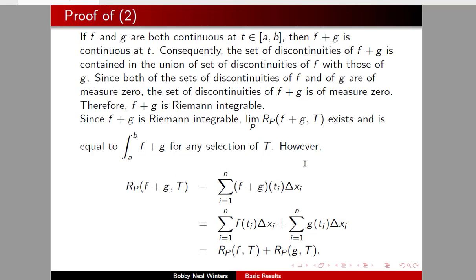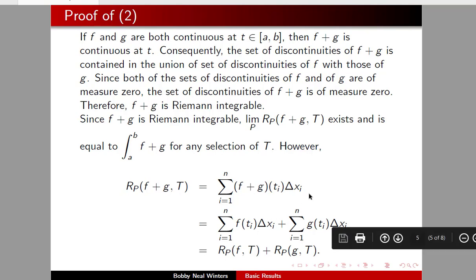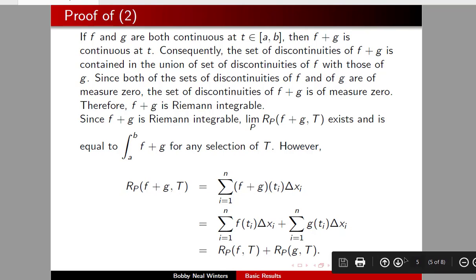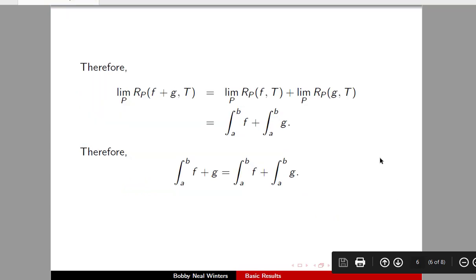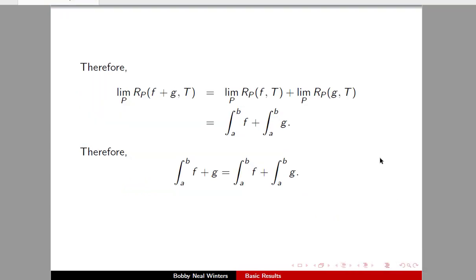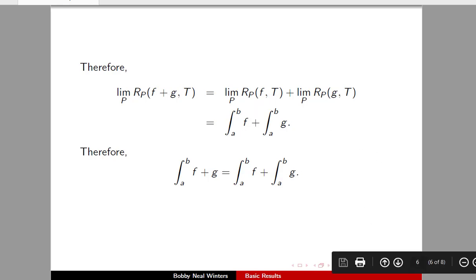However, R_P(f plus g, t) is equal to the sum from i equals 1 to n of (f plus g)(t_i) times the width, which we can then rewrite as the sum of these two Riemann sums. And therefore, by taking the limit on both sides, we get the result that we desire.